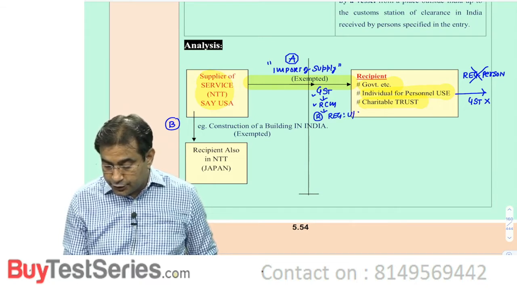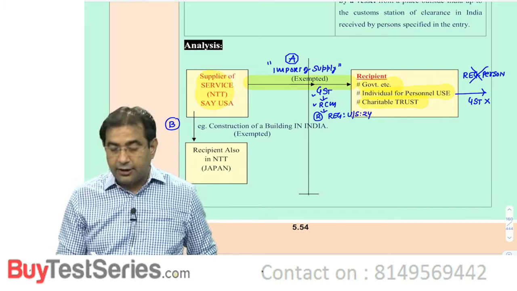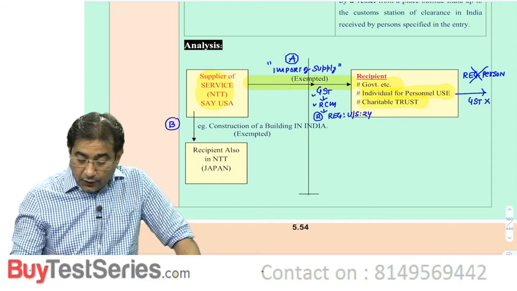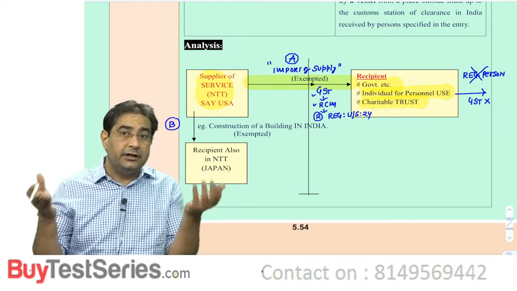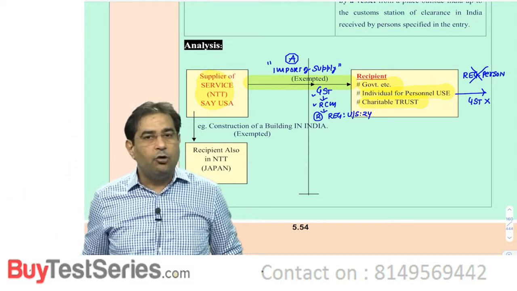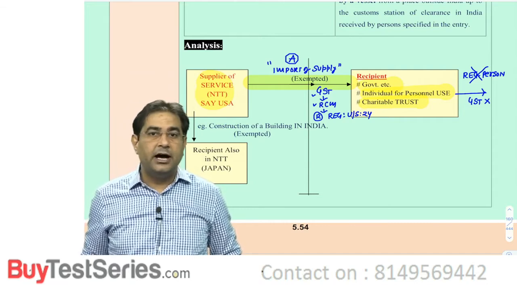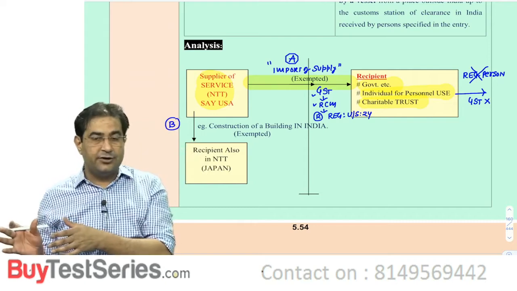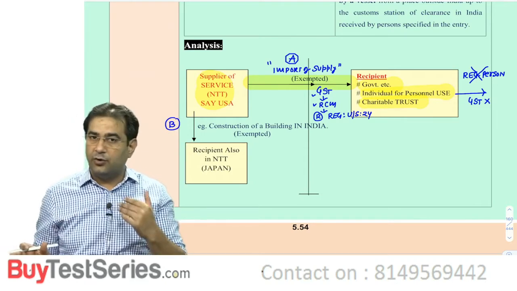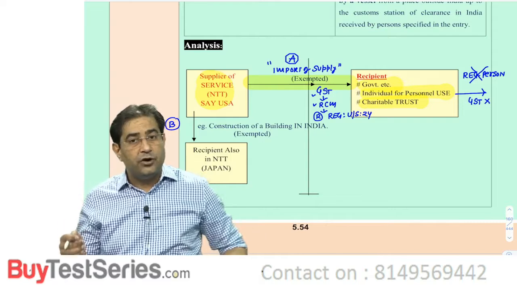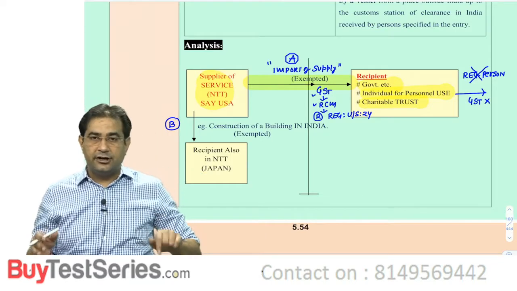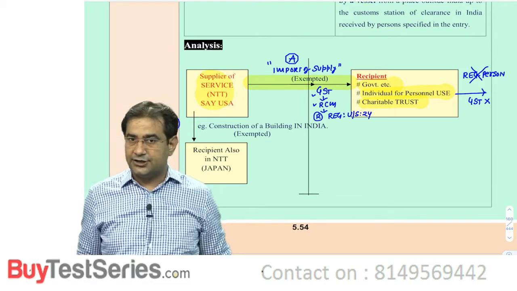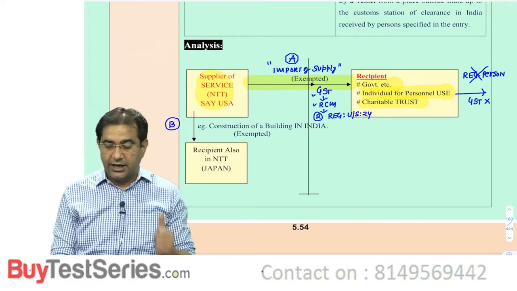Just imagine, the government itself is required to get registered under the GST law. A charitable trust, which is otherwise exempted, not required to pay GST, not required to have any registration, but just because of import of services, the trust needs mandatory registration under section 24. Is it okay? Yes, sir.